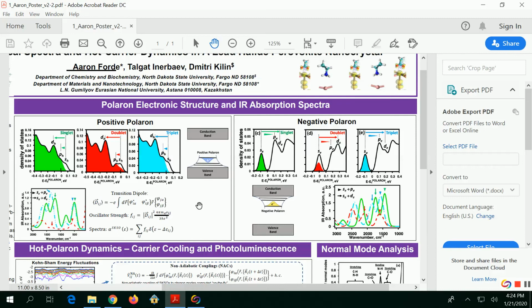So singlet, doublet, triplet, that's what these correspond to. The white spaces correspond to the polaronic state, and the colored spaces are the occupied states on the left-hand side. For each of these states, we use these labelings to help describe the optical transitions in the models. And so the IR optical transitions are shown.